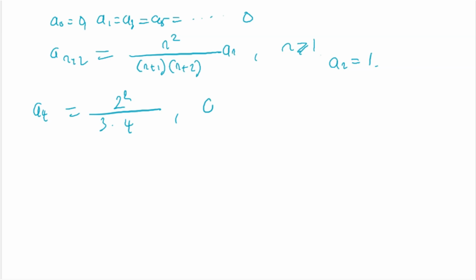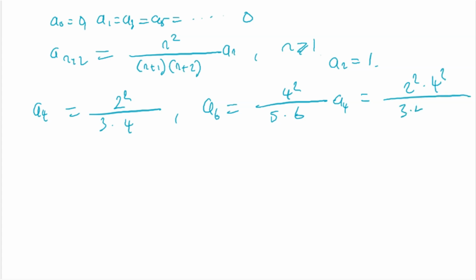What about a sub 6? That will be what we get when we plug in n equals 4. That will be 4 squared all divided by 5 multiplied by 6 times a sub 4. That will be 2 squared times 4 squared all divided by 3 times 4 times 5 times 6.